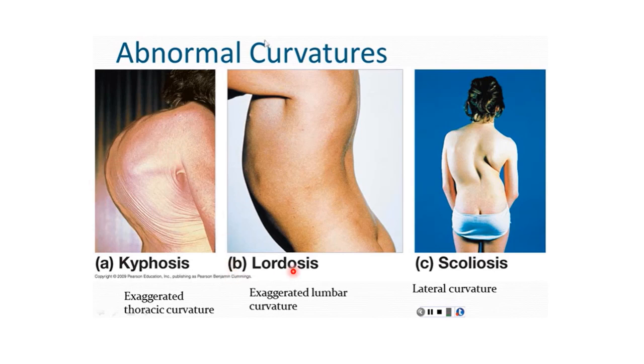Lordosis is the opposite type of curvature. So now it's too much in the back. This type of curvature is normally seen in pregnant women because with a huge belly pulling you to the front, the center of gravity kind of shifts, right?